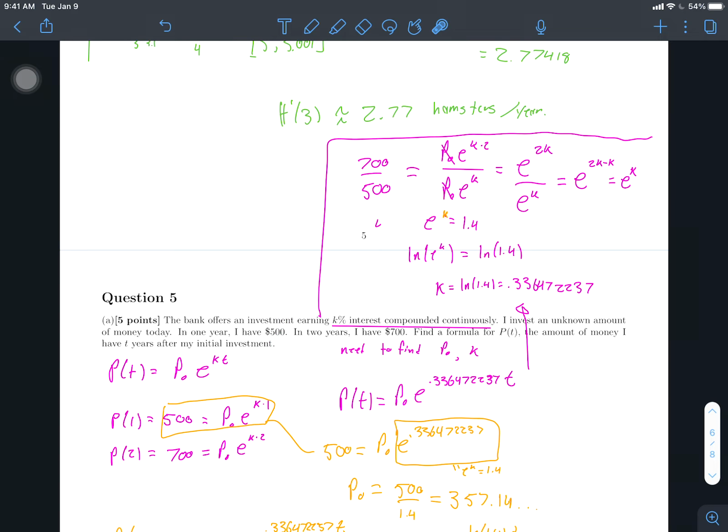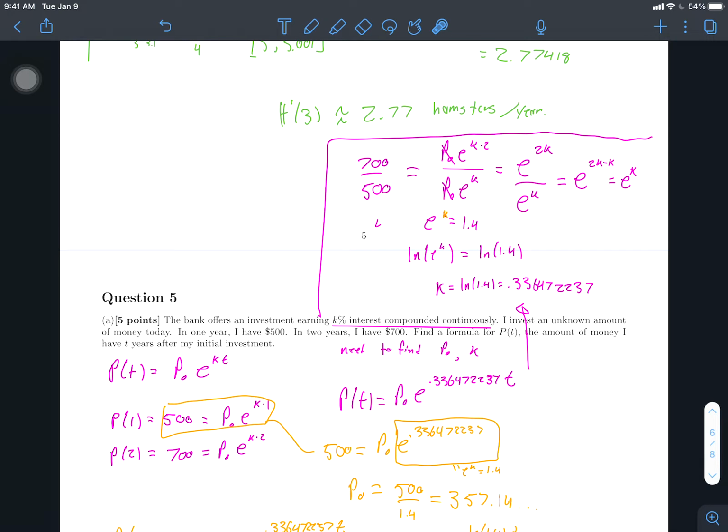Now I know that 700 is equal to P0 times e to the 2k, so I replace 700 by P0 e to the 2k. And I know that 500 is equal to P0 e to the k, so I replace the denominator, 500, by P0 e to the k. When I do this, I see that I can cancel the P0s.